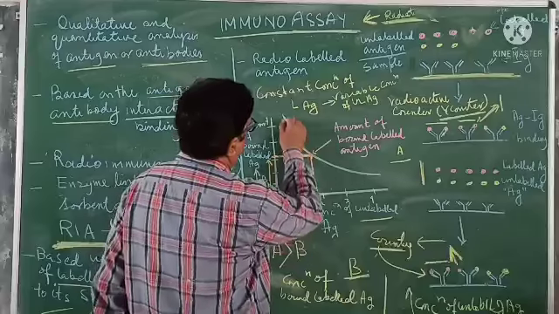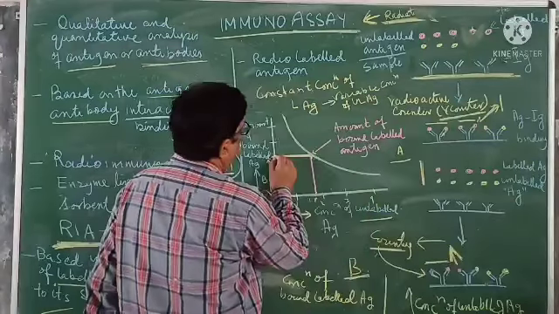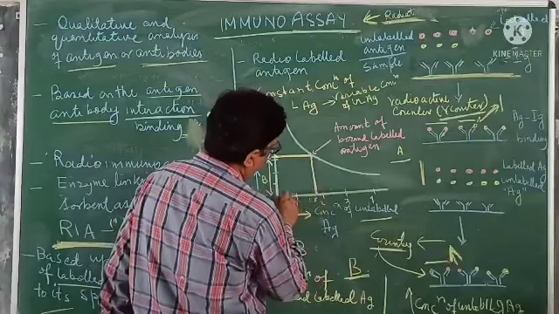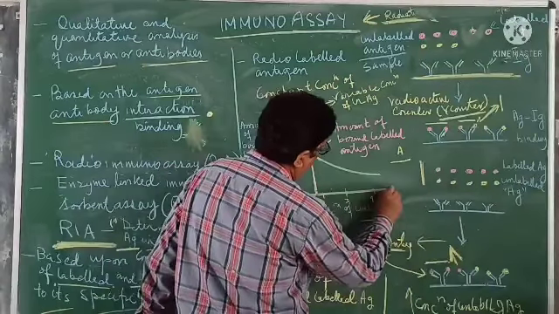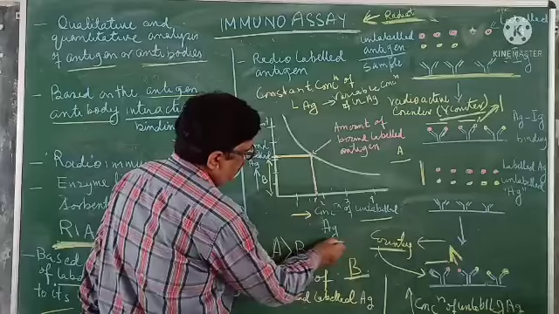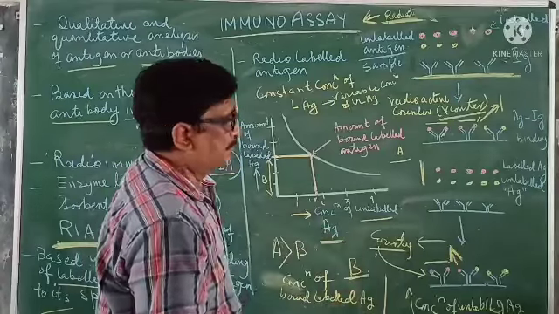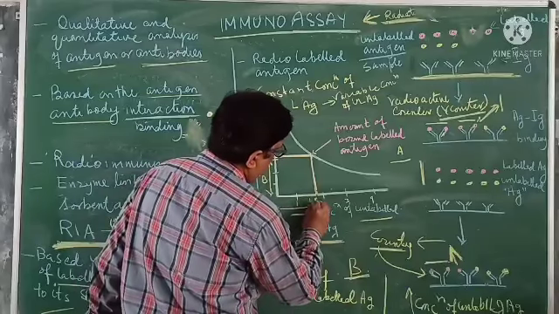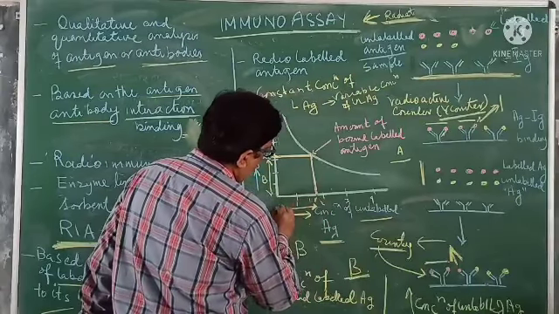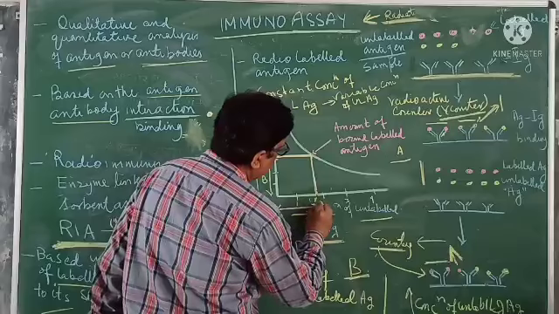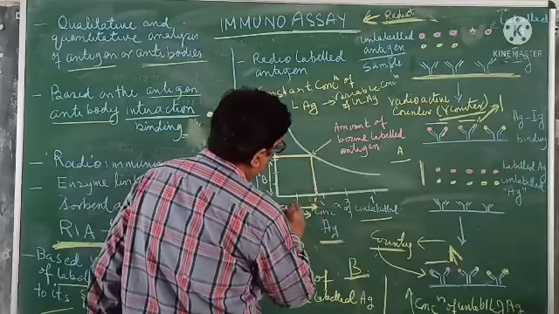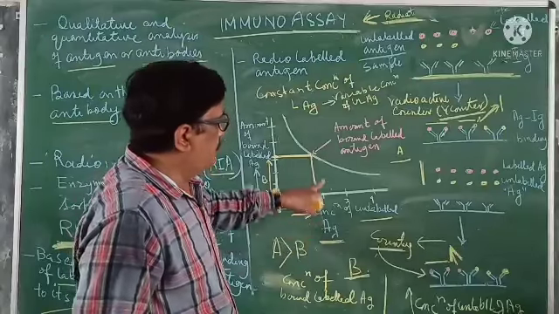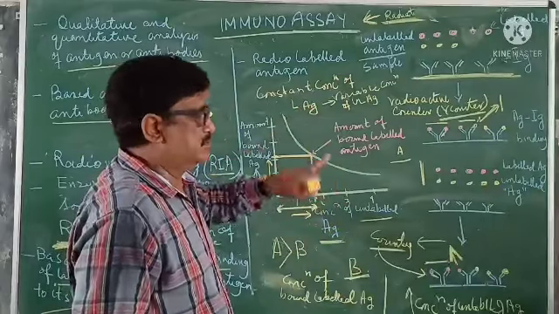By the use of this graph, we can calculate the amount of antigen which is present in the sample. So the result we get will give the amount of unlabeled antigen present in that sample.